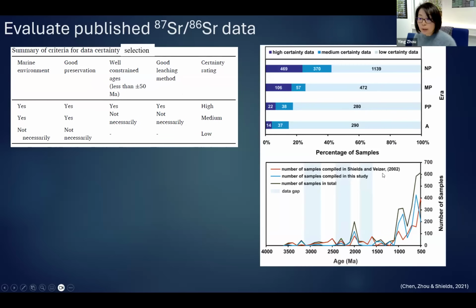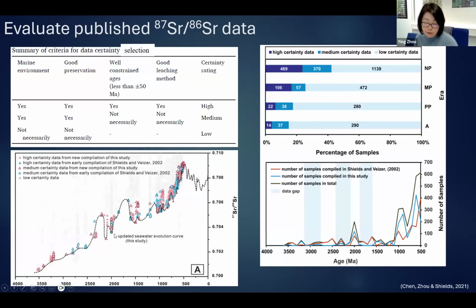Okay, so we look at these four different aspects and evaluate the data which has been published from the Archean into the Neoproterozoic. And here you can see that based on the four aspects, there are high certainty or high quality data through to low certainty data, and the difference is quite large. This resulted in the updated data.